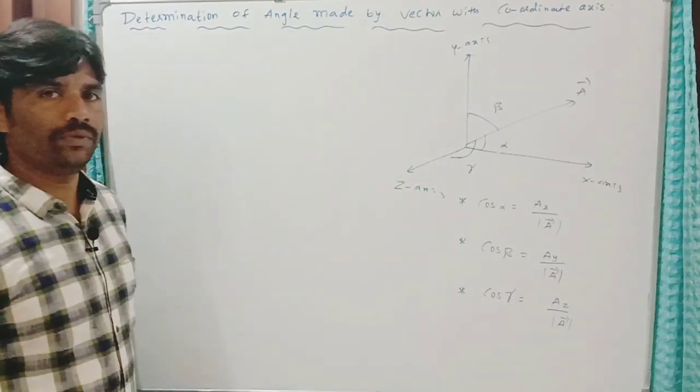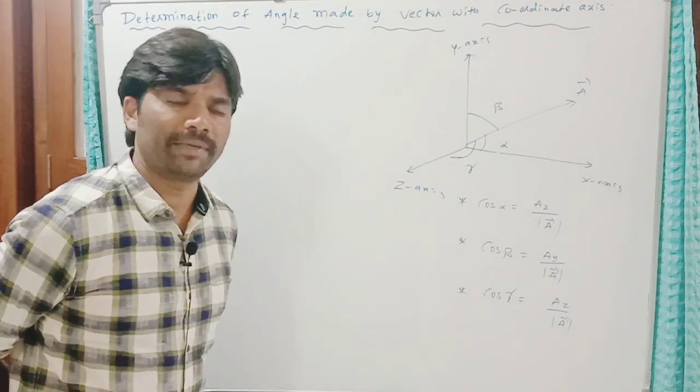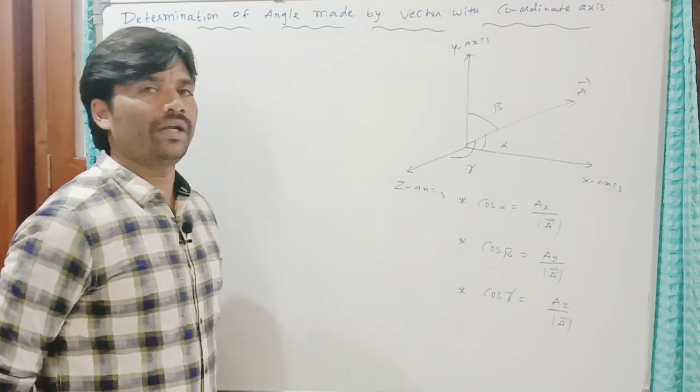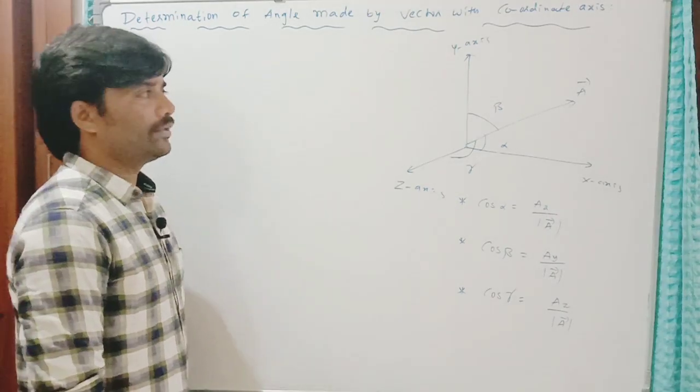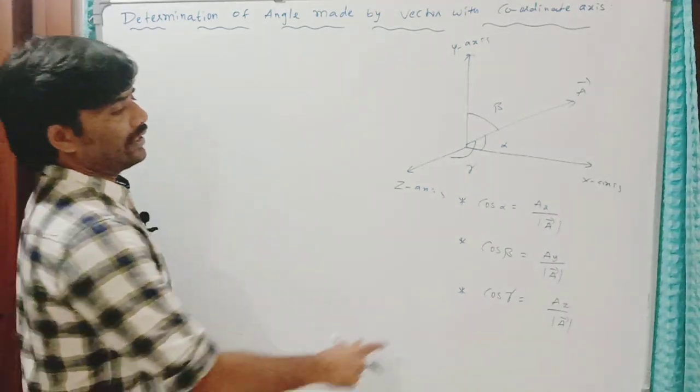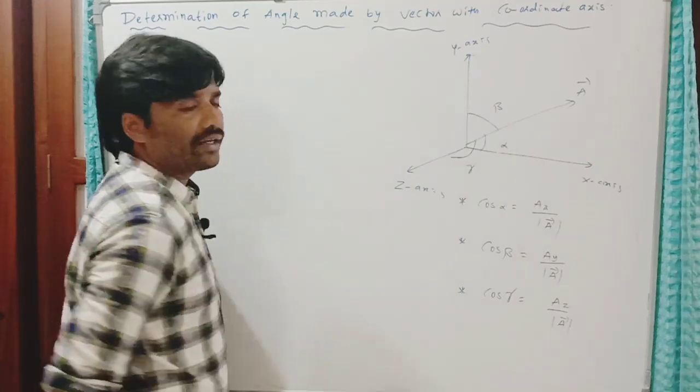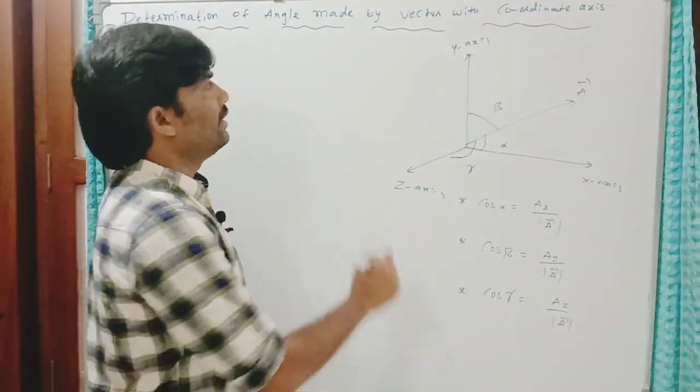These are the formulae which are used to determine angle made by vector with the coordinate axes x, y and z.